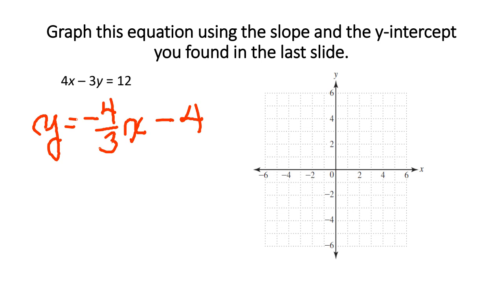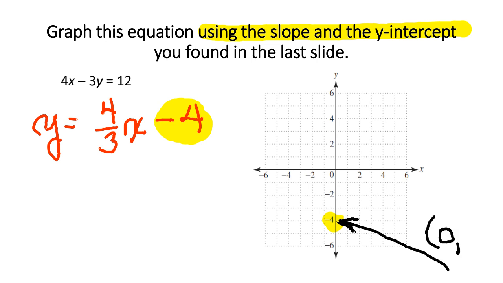Now, how do we use the slope-intercept form? Well, we begin right here with this negative 4. We find this point. Now remember, that point right here was my y-intercept point.